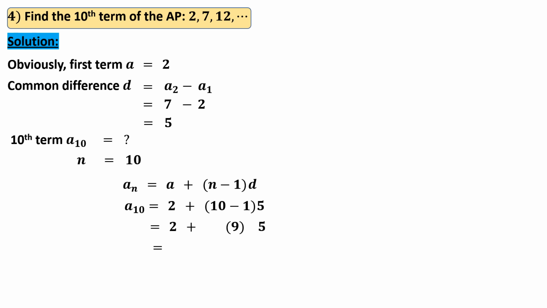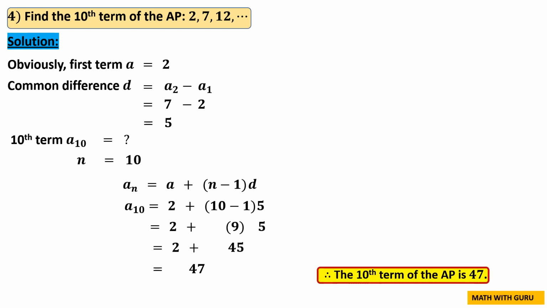Don't make this mistake. Sometimes we just add 2 and 9 together and then multiply by 5. This is wrong. First multiply 9 and 5 and then add the product to 2. 2 plus 45 is equal to 47. Therefore, the 10th term of the AP is 47.